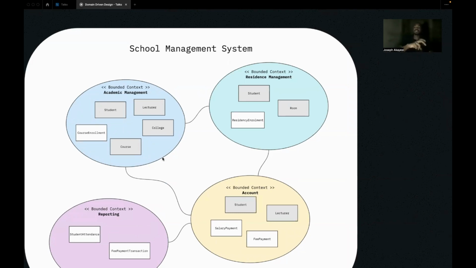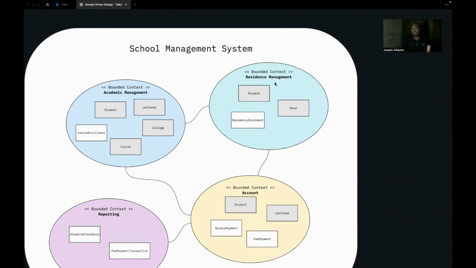Once there's an interaction between two entities, usually an aggregate is formed. So in our academic management bounded context, for example, when a student enrolls for a course, we create an aggregate out of that. Course enrollment has occurred, and so we want to store that course enrollment within our bounded context to be able to tell which students have enrolled in which courses.